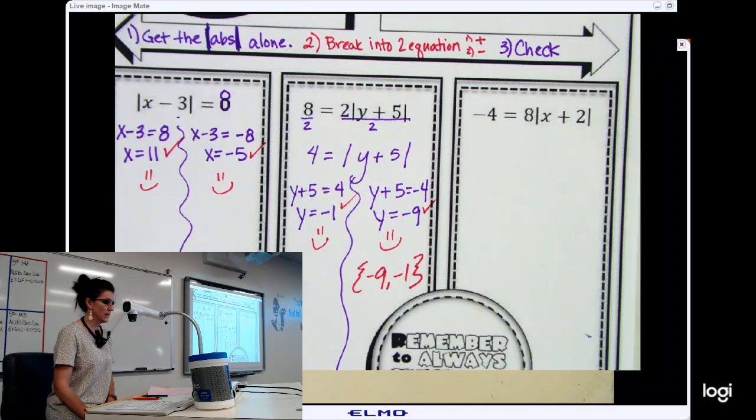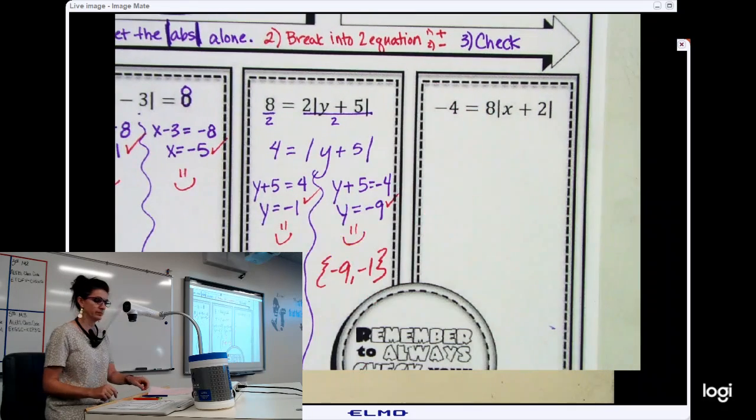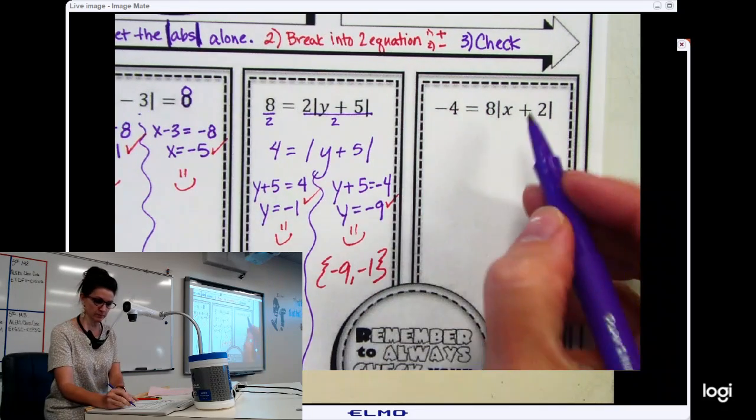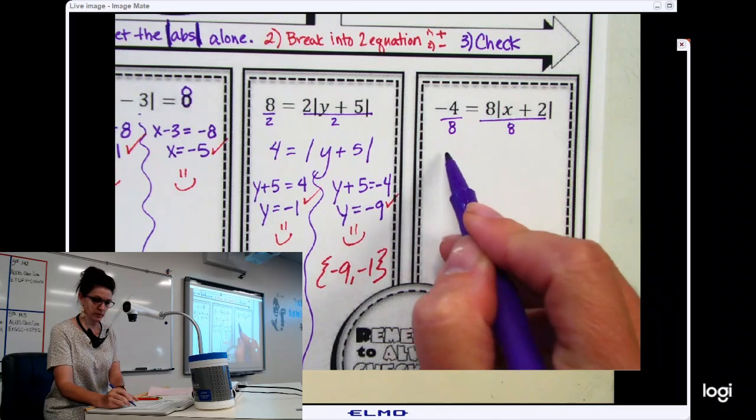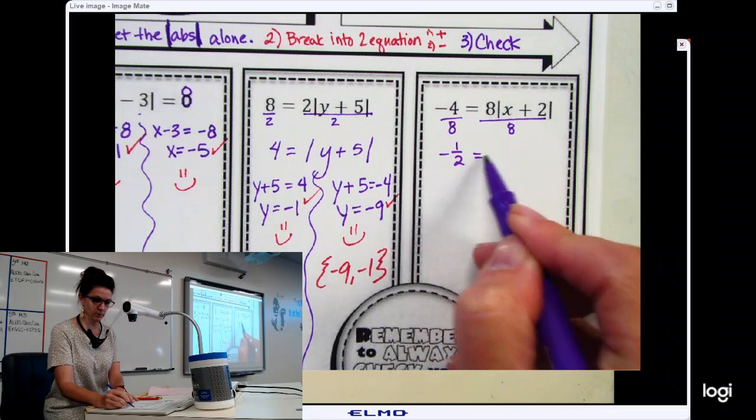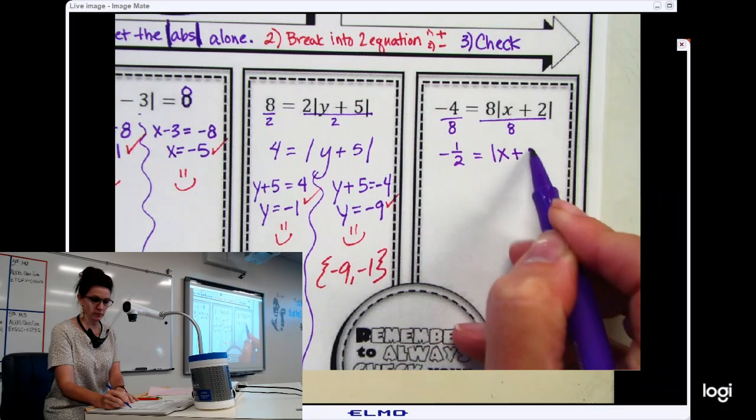All right, last one together. Katie, tell me, what do I need to do to start working on this one? Divide by 8. So I get -1/2 equals x plus 2.